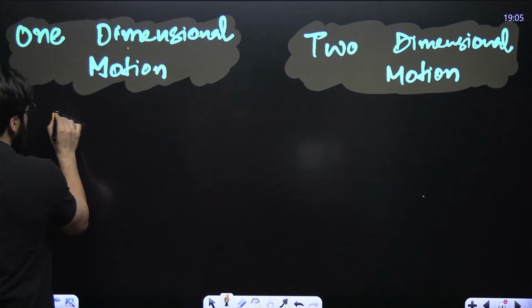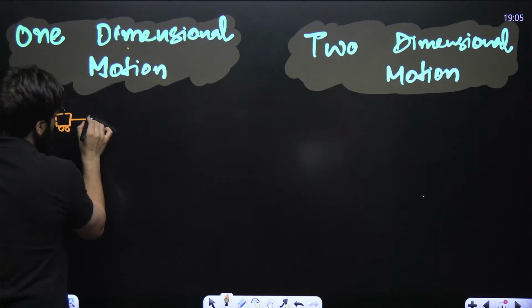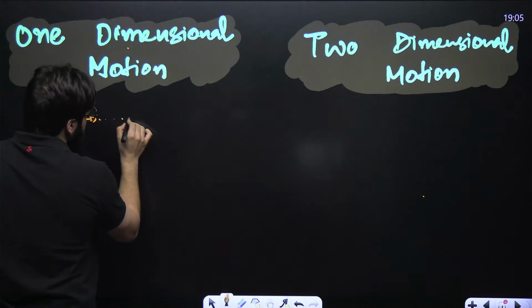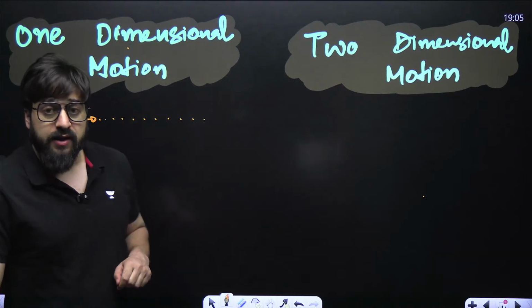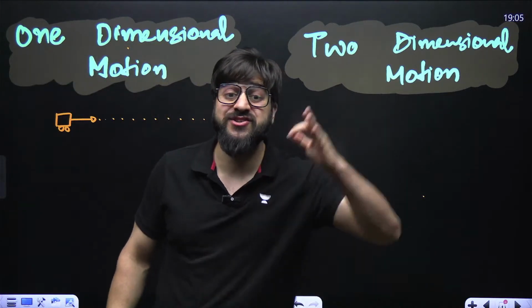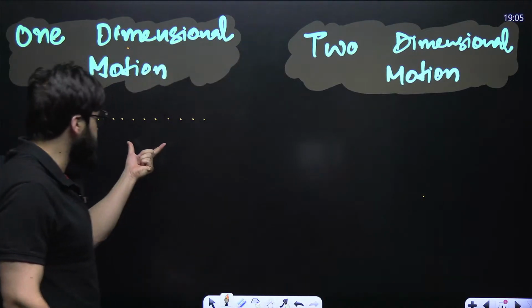Let's suppose I have a car over here, or let's suppose this is a block. And this car is moving in the x direction, something like this. The car is moving along the x axis. So it is motion in a straight line. It is not motion in a curve. It is motion in a straight line.